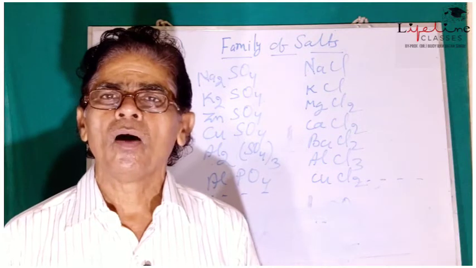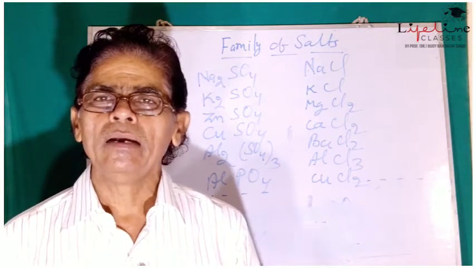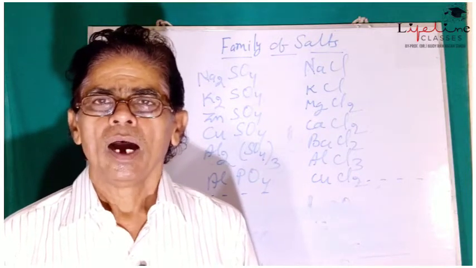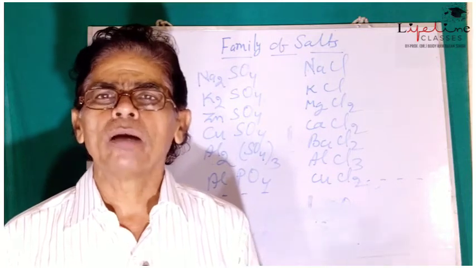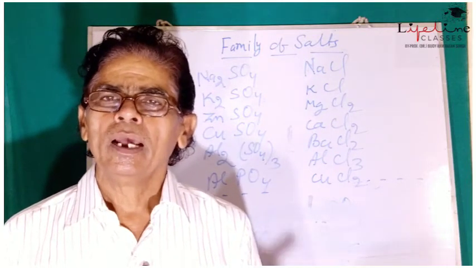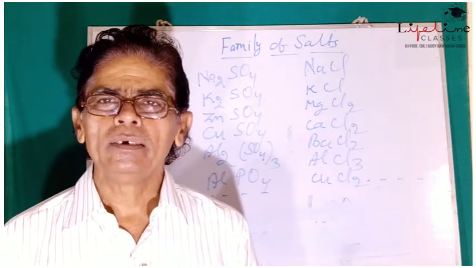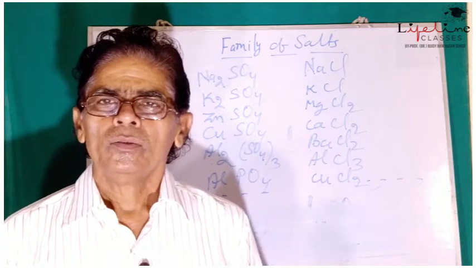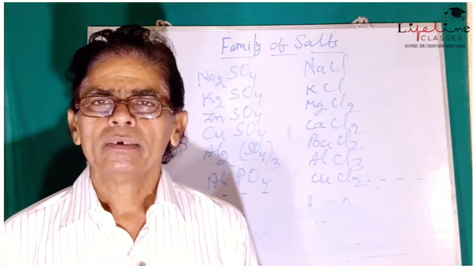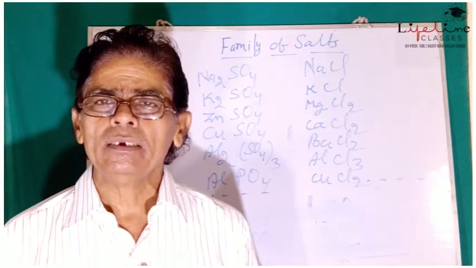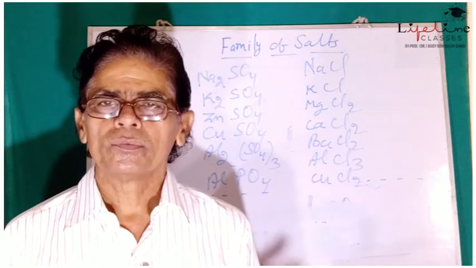Bases are also of two types, a strong base and a weak base. Strong bases are those whose molecules get ionized completely when dissolved in aqueous medium, just like sodium hydroxide and potassium hydroxide. Their molecules get ionized completely when dissolved in water.